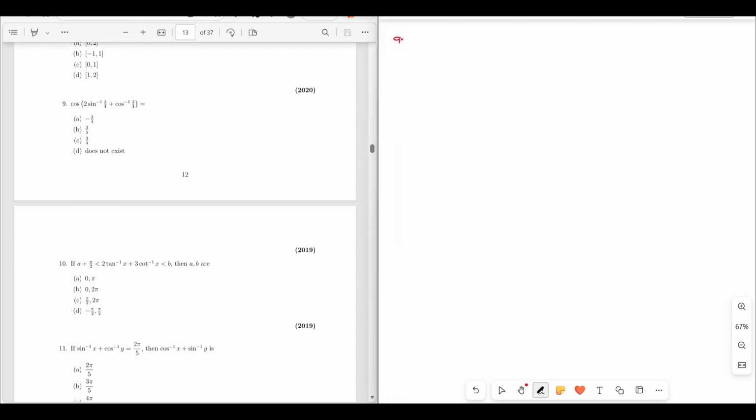So first let us write down cos of, instead of writing 2 sin inverse 3 by 4, I'll split this as sin inverse 3 by 4 plus sin inverse 3 by 4 plus cos inverse 3 by 4 as it is, which is given in the question. Okay. So now, why did I split this function?